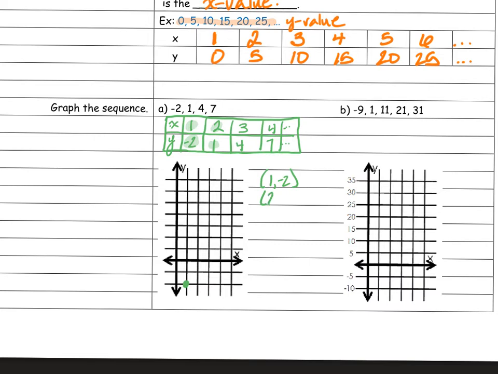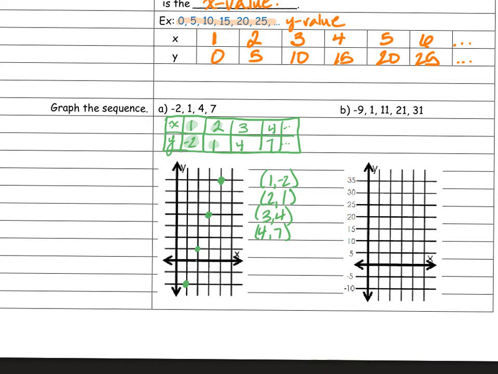So I'm going to graph 2, 1, over 2, up 1, put a point. My third point should be at 3, 4. So 1, 2, 3, 1, 2, 3, 4. Beautiful. And the last one is at 4, 7. So I'm over at 4 and up 4, 5, 6, 7.